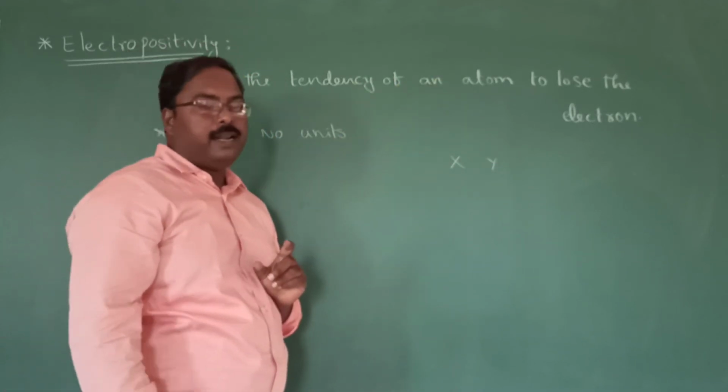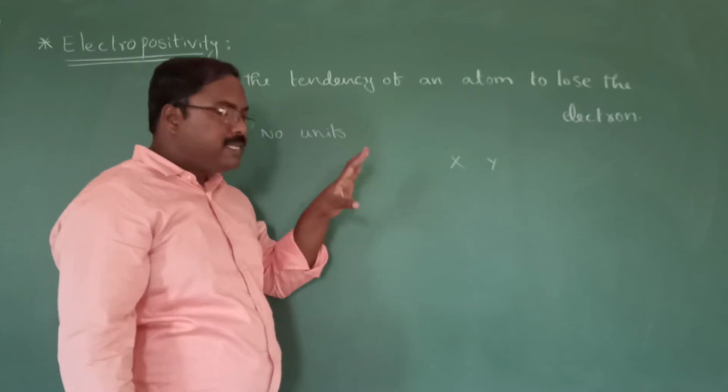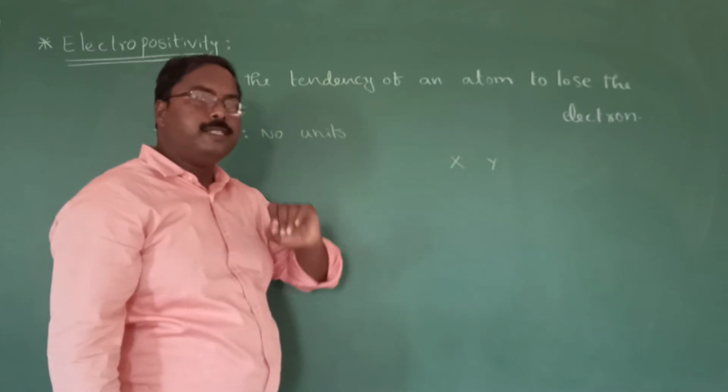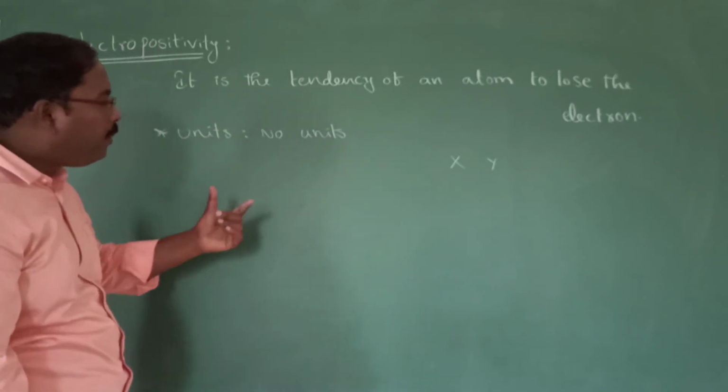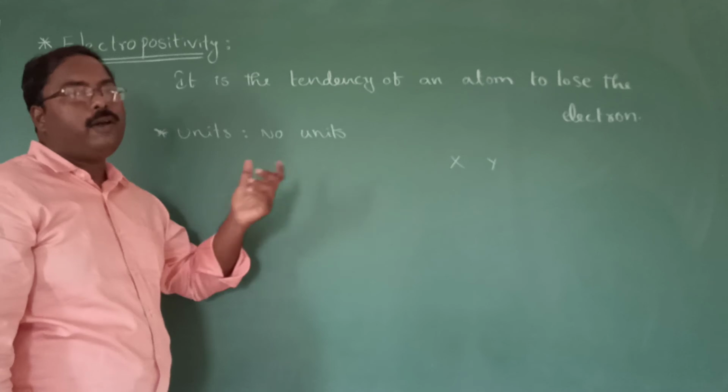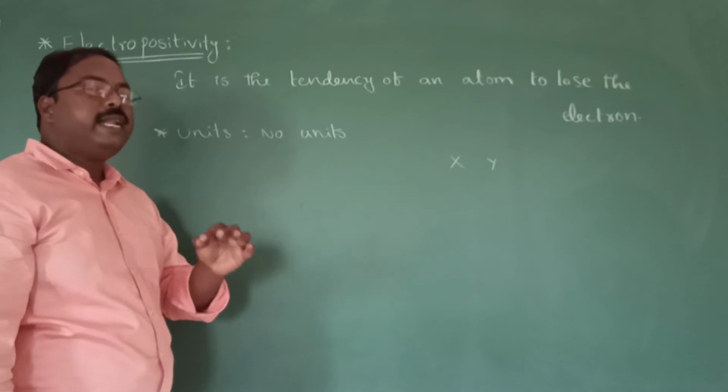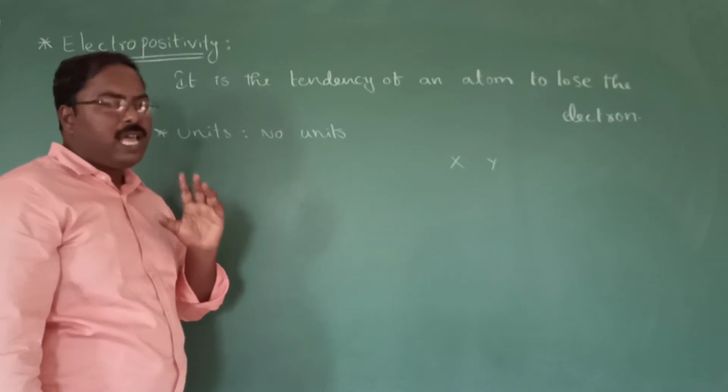But not the exact value of electropositivity, right? So note down the definition carefully and mention in the notes that it doesn't have units, because it is the tendency of the atom to lose the electron.